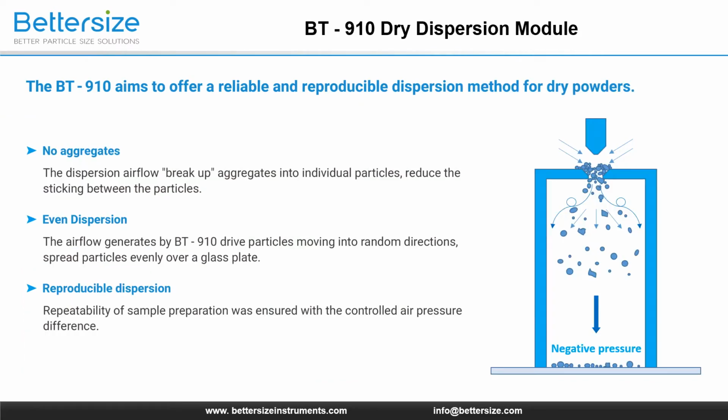The BT910 dry dispersion module aims to offer a reliable and reproducible dispersion method for dry powders. To prepare samples, the BT910 will create airflow with air pressure difference, and the airflow breaks up the aggregates, reduces the sticking between the particles, drives the particles moving into random directions, and spreads particles evenly over a glass plate.